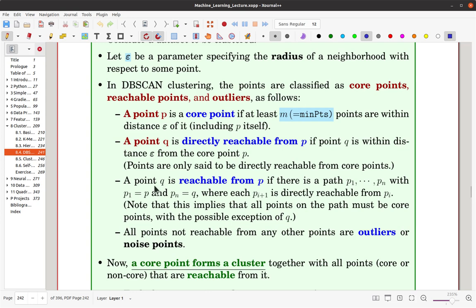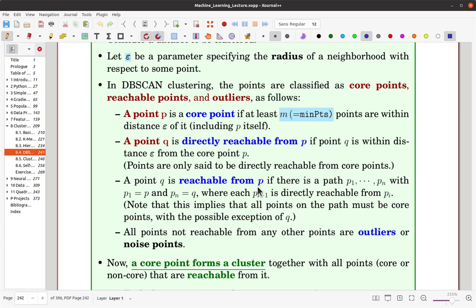Now a point Q is reachable from P if there is a path, so that here Q is reachable from P through a path, but each point during the path must be a core point.